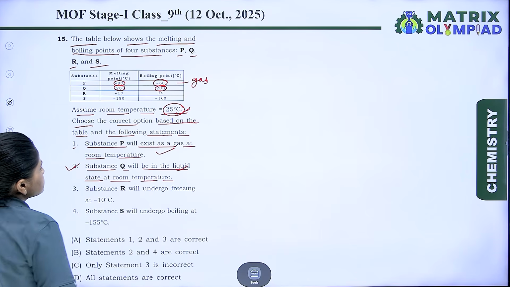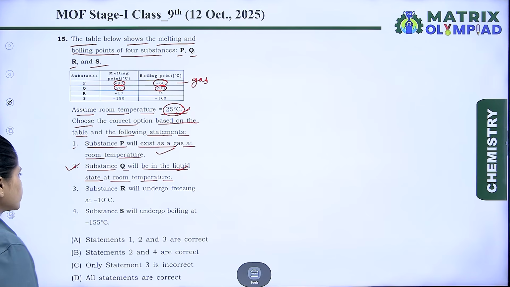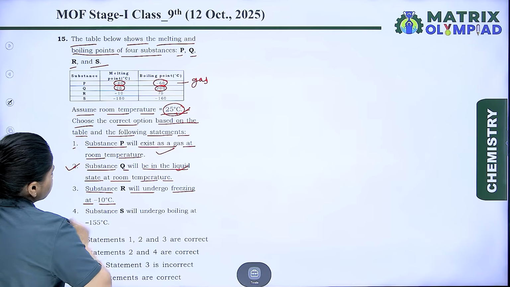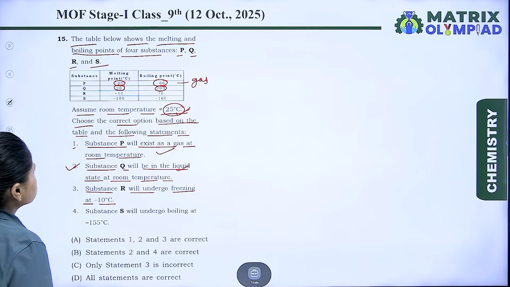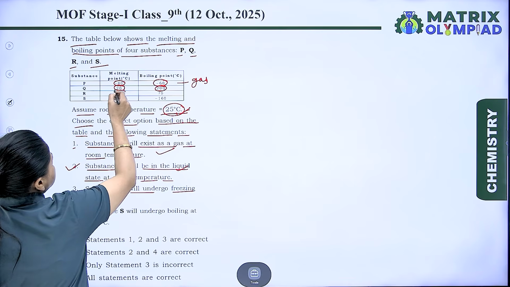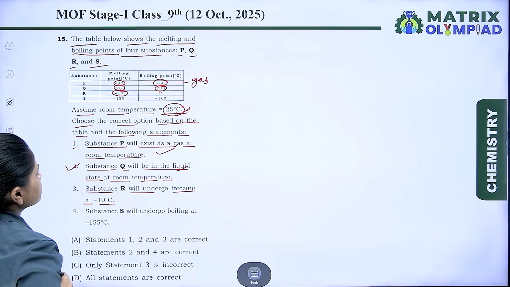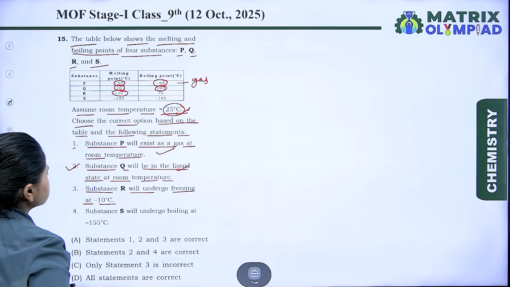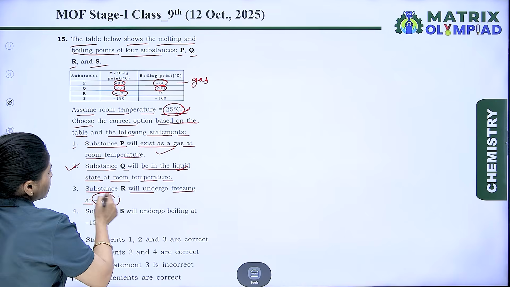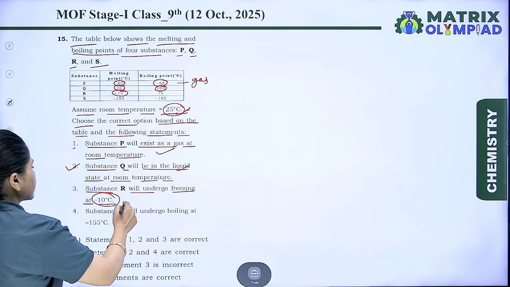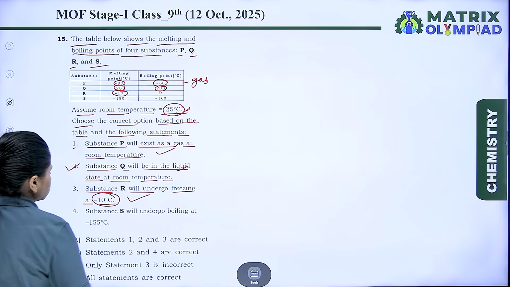So, the second statement is also correct. Substance R will undergo freezing at minus 10 degrees Celsius. Yes, as in the table, the melting point for R is given as minus 10 degrees Celsius. So, R will undergo freezing at minus 10 degrees Celsius. That is also a true statement.